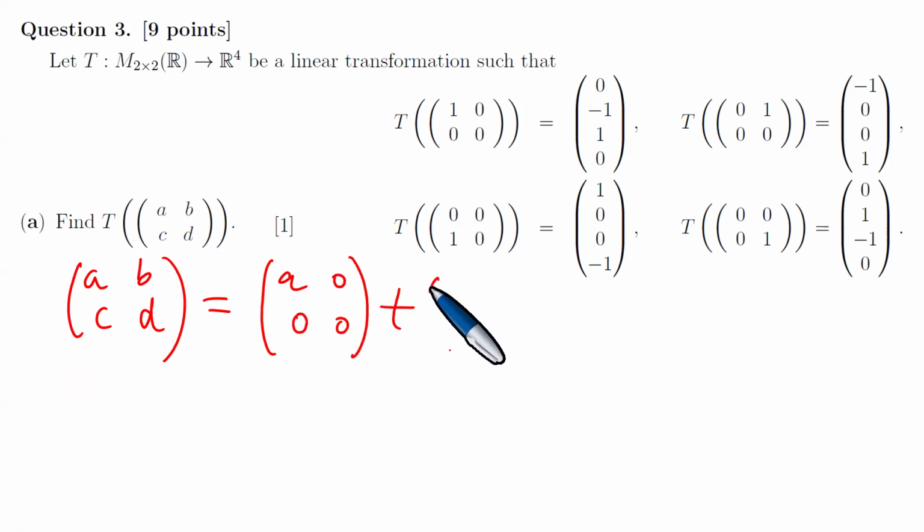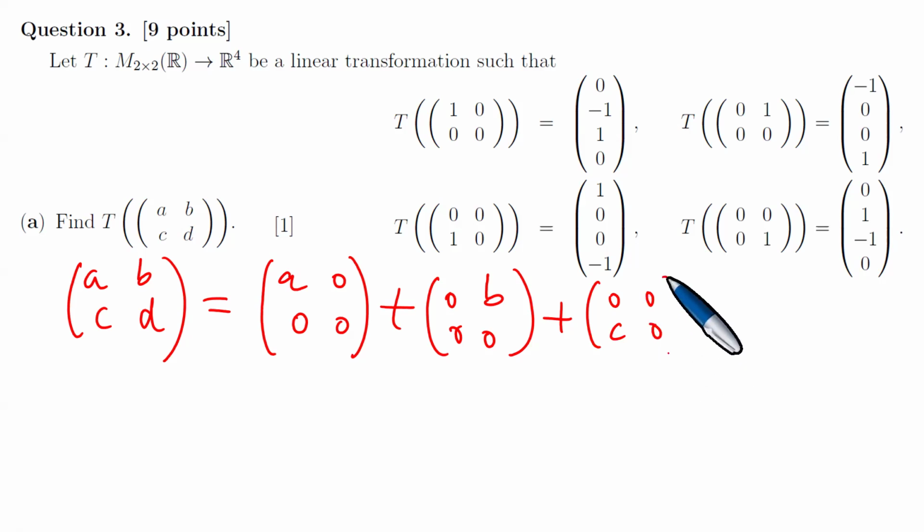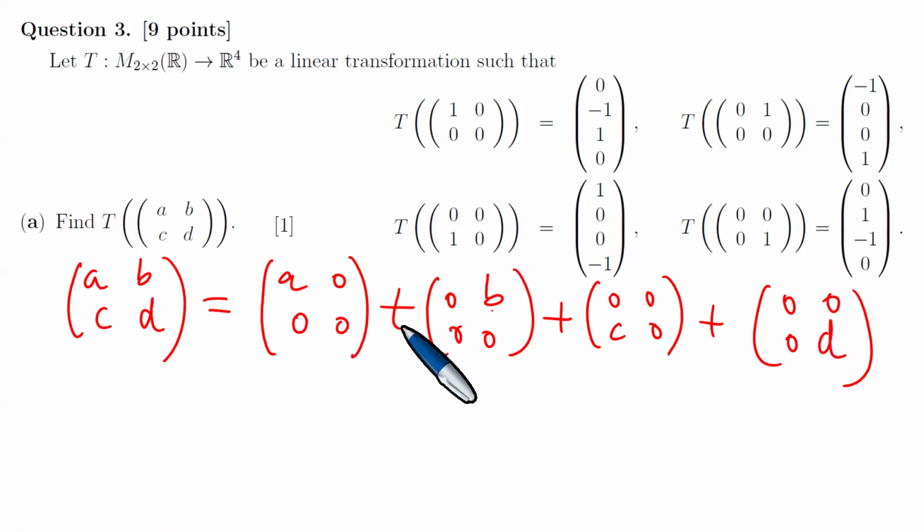It's just one way to do the question. Matrices of the form [A 0; 0 0] plus [0 B; 0 0] plus [0 0; C 0] plus [0 0; 0 D], like so. So these matrices can be written in that form. This is just one method to do the question, but there are tons of other methods to do the question.